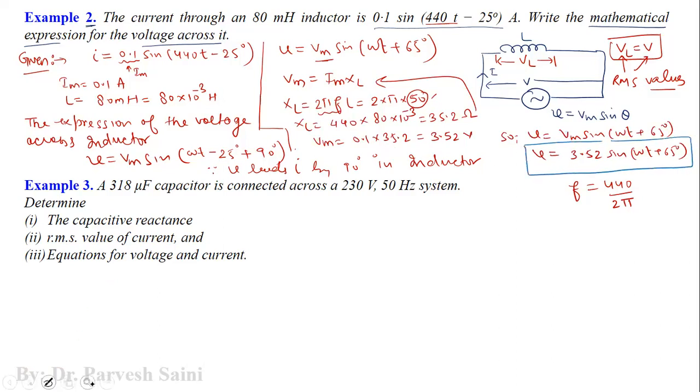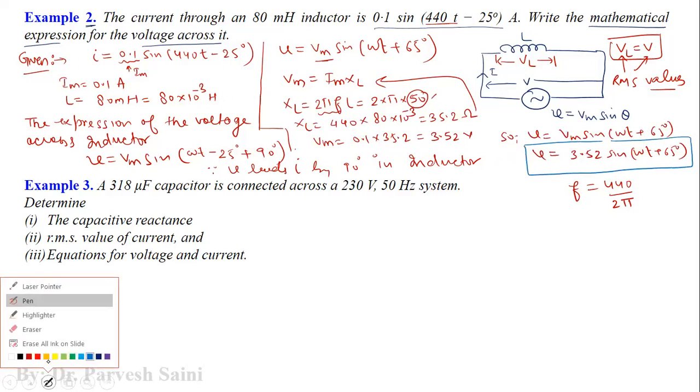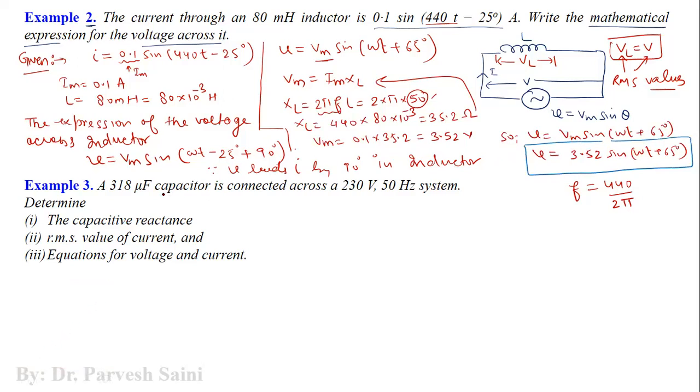Now similarly, the second question is related not to the inductive circuit or inductor, but to the capacitor, which is connected to our source having 230 volt as RMS value and 50 hertz as its frequency. So for the solution, we have a capacitor connected to an AC voltage source.